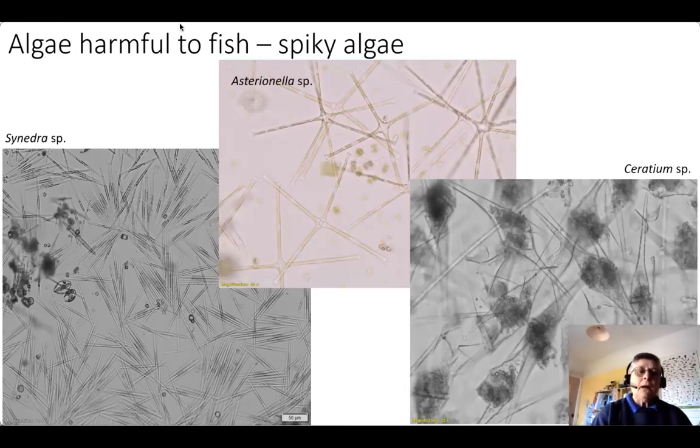And as a consequence of that, it can end up causing quite significant mortalities just simply through an algae bloom with spiky algae. So it is worth bearing in mind that if you do have algae blooms, it's better to try and control it rather than wait for the fish to have problems with spiky algae.